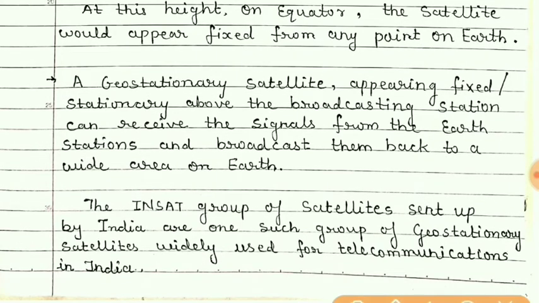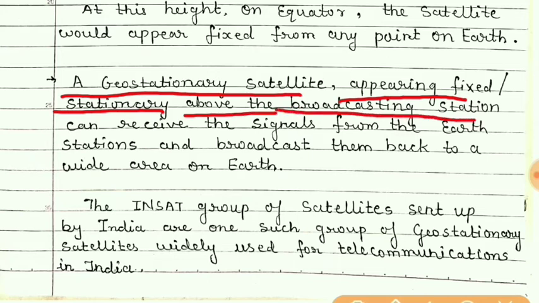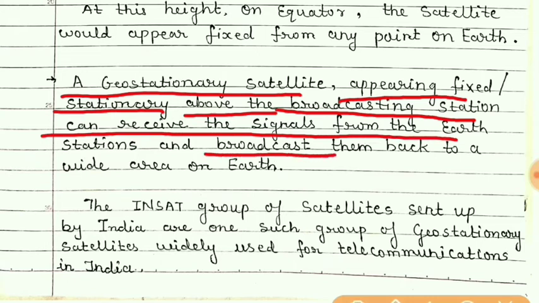Now a geostationary satellite appearing fixed, that is stationary, above the broadcasting station can receive the signals from the earth, as well as broadcast those signals back to a wide area of the earth. And that's why these satellites are widely used for communication purposes. We know that in our house we use a dish antenna for TV, so that dish catches the signal from the satellite.